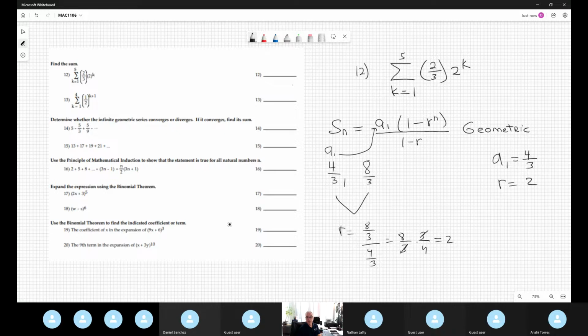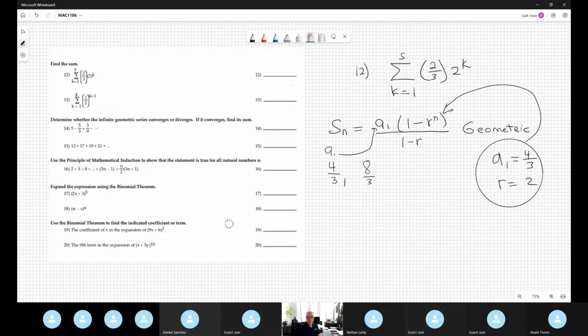Now I come back with this information into this formula. I find the summation, but only 5 terms because n is 5. Entonces es A1, 4/3, times the fraction 1 minus 2 to the 5th power, over 1 minus 2.